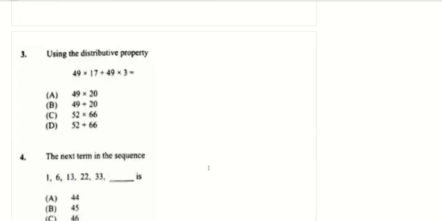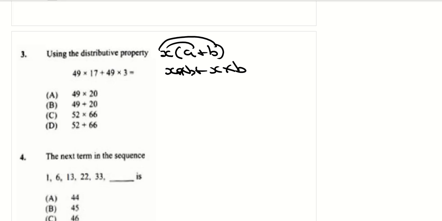Using distributive law. So distributive law means, if I have X and I have A plus B, it would be X by A and then plus X by B. Right, so we're looking for something like that. Let's just erase this so you can see it.